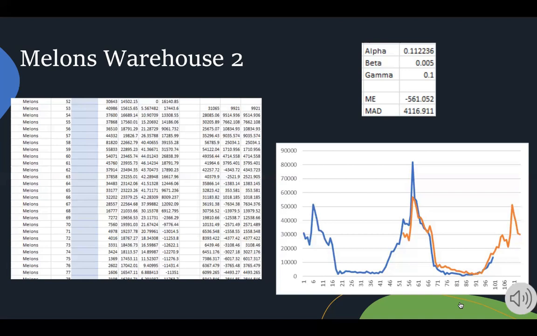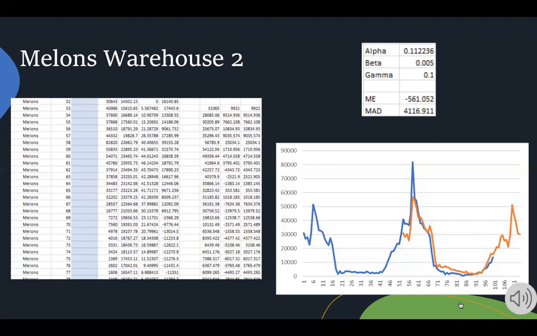When it came to gathering alpha, beta, and gamma, I started with 0.1 because that fit the inequalities they were supposed to satisfy. Using those values, I initialized Holt-Winters method and found the rest of the forecast.